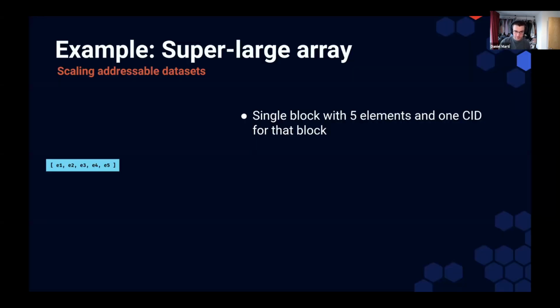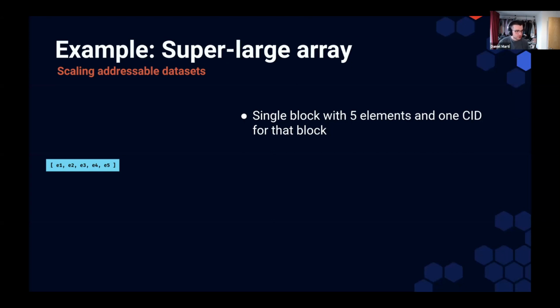Here's an example. Suppose that you have an array that wants to get very, very, very large. I'm going to ignore the possibility of storing this in a single machine, because you can think of a single array being 1 terabyte or 1 petabyte. But let's start small. Let's say that a single block of data, a single chunk of data, can only store 5 elements of this array.